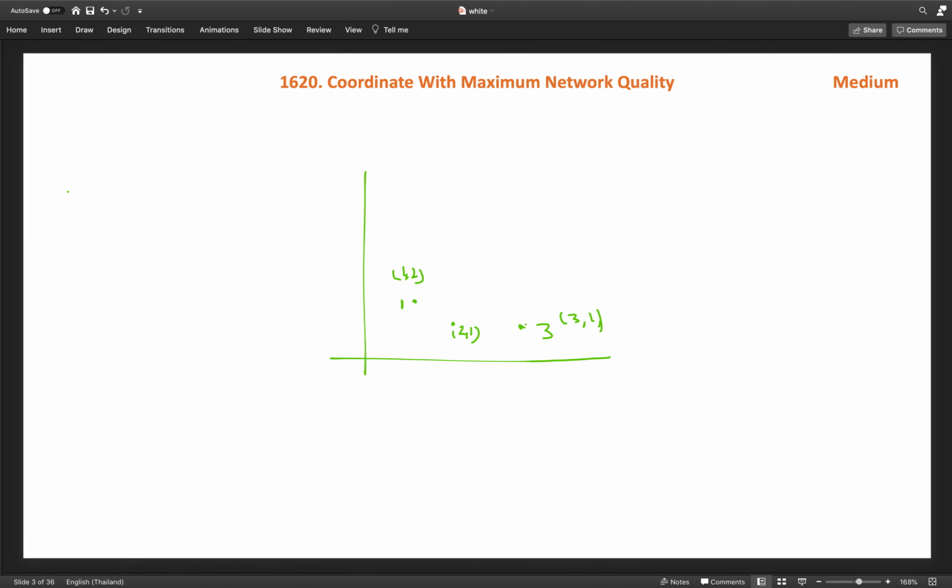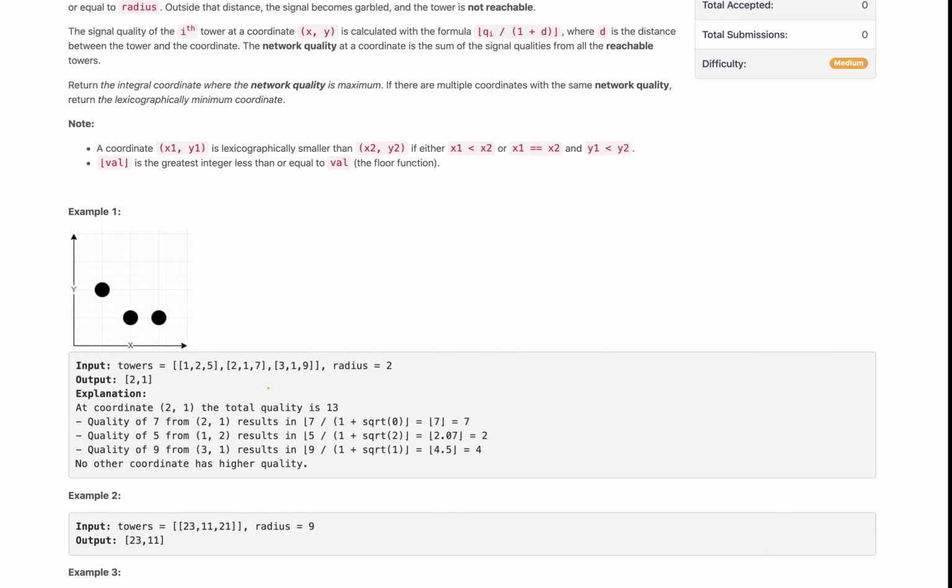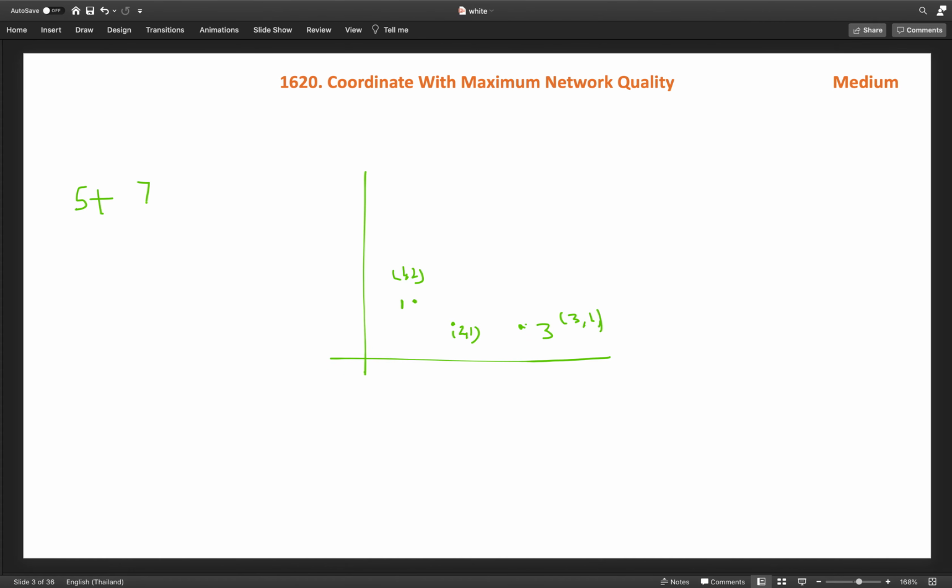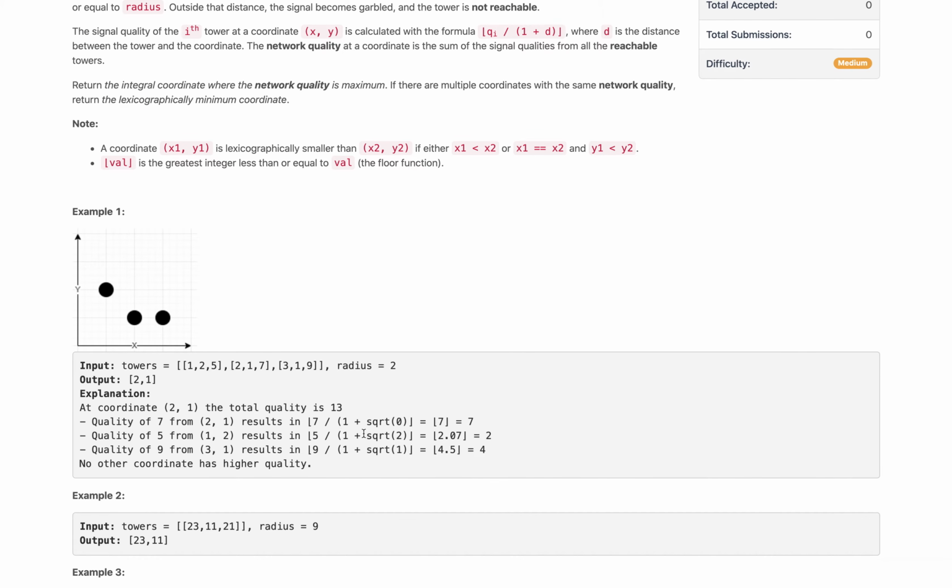So this will be 5 plus, from the other one it is 7 divided by 1 plus the distance, which will be the square root of 2. So this will be 2, and similarly from the third tower this will become 9 divided by 1 plus square root of 1.